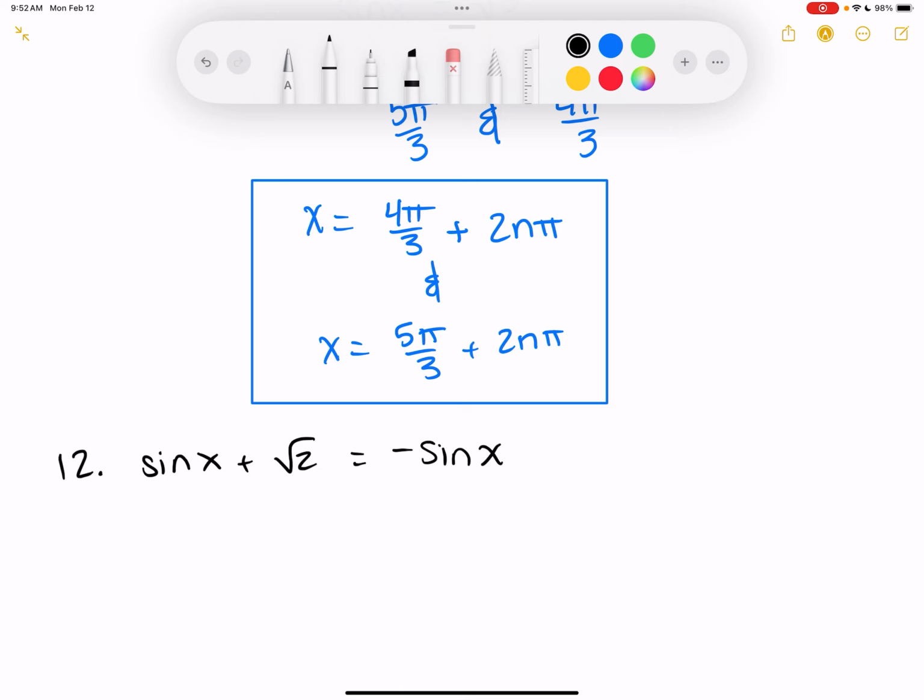Basically, I want numbers on one side and trig functions on the other. Sine x minus sine x equals negative... Well, it can't be what you said because the signs won't match.